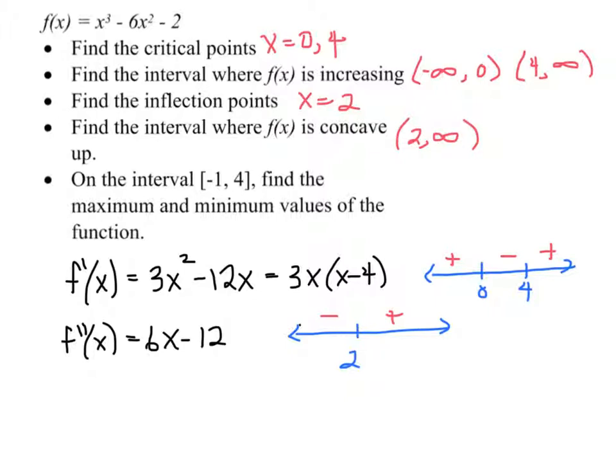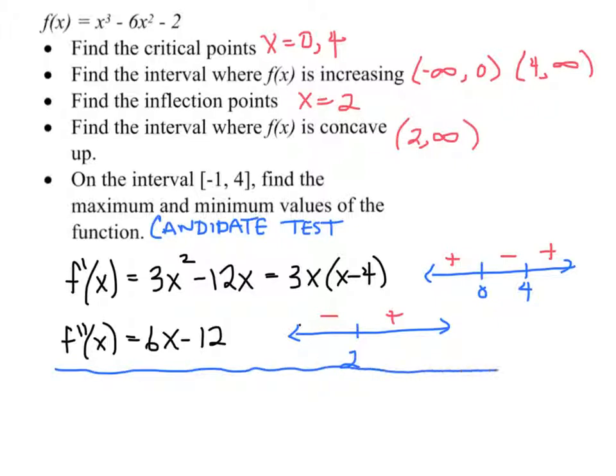And finally, on the interval, find the maximum and minimum values of the function. Well, this comes down to a candidate test. If you've forgotten that, I'm just going to make a little note here of candidate test. What the candidate test says is you check the endpoints in the original function, so I'm just going to do this work right down here.